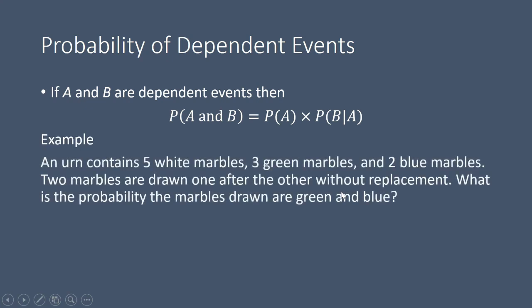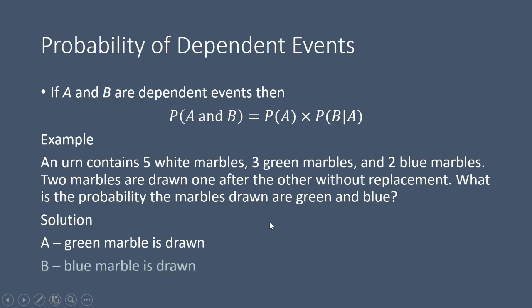So this is our example. An urn contains 5 white marbles, 3 green marbles, and 2 blue marbles. Two marbles are drawn one after the other without replacement. What is the probability the marbles drawn are green and blue? A is the event when a green marble is drawn, and B is the event when a blue marble is drawn.